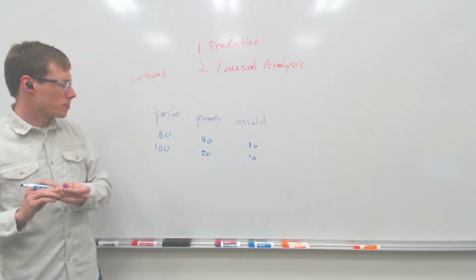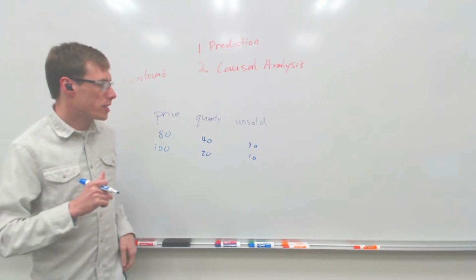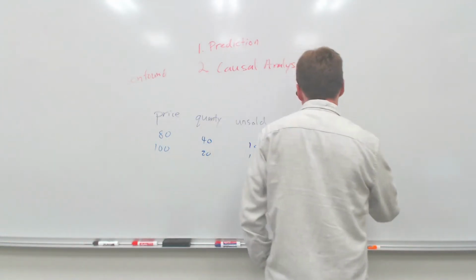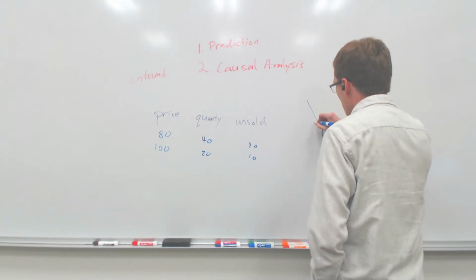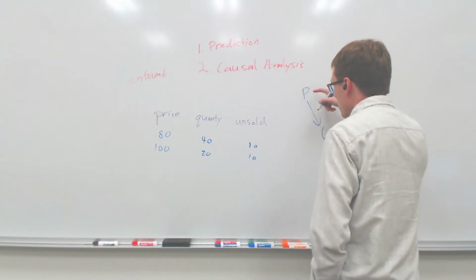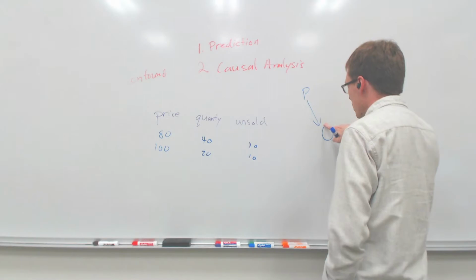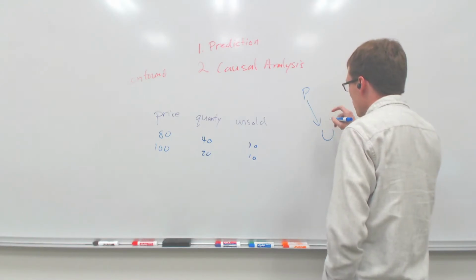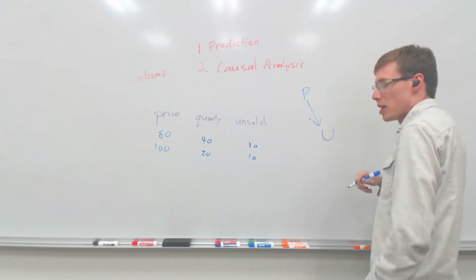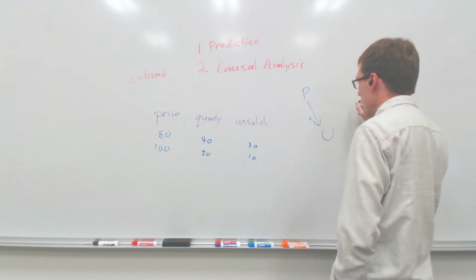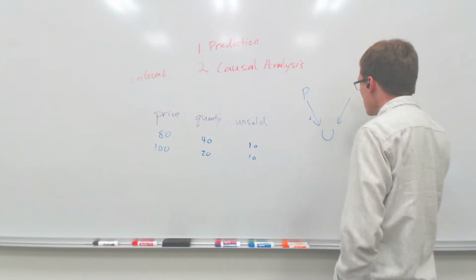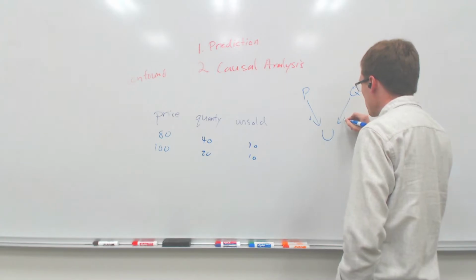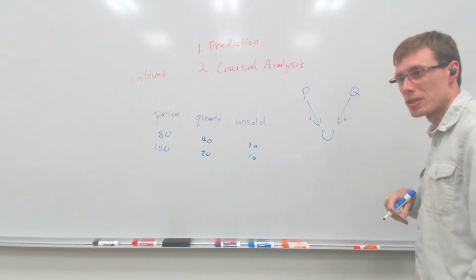What's going on here is that we were interested in the number unsold. We were saying, oh, maybe price is affecting that, right? The higher our price, the more is going to be left unsold. And meanwhile, we said the amount that we produced should also lead to more being unsold.